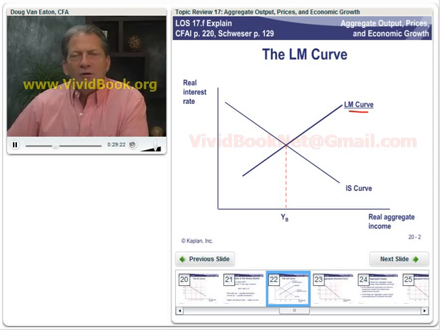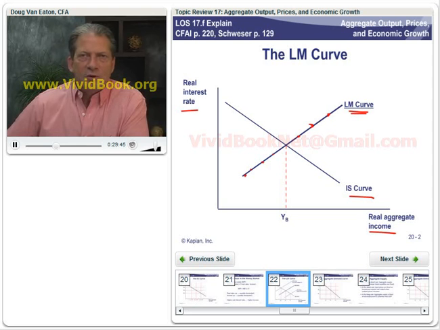So with that relationship, we said, well, incomes have to go up at higher interest rates in order to preserve equilibrium in the money market. So these are all equilibrium points in the money market, okay, for different real interest rates. So since the LM curve slopes up and the IS curve slopes down, we get an equilibrium here.